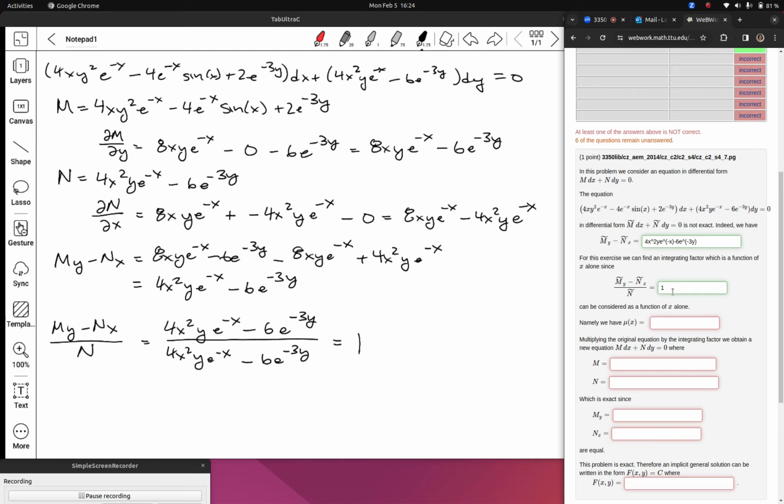And so the function of x only that we needed to get in order to make an integrating factor is actually going to be one.